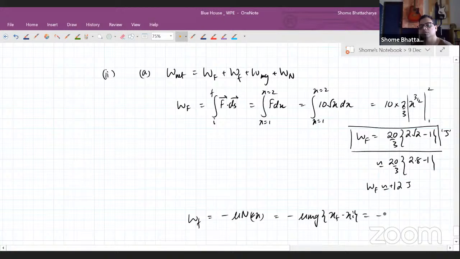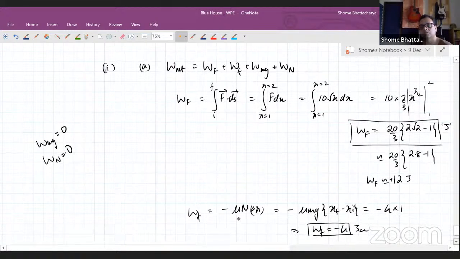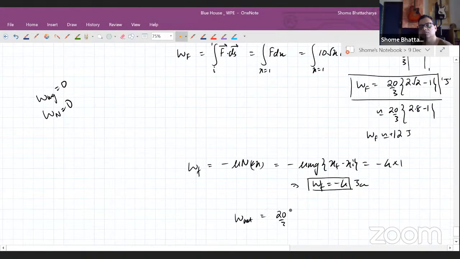So that will be minus 4 multiplied with 1. So work done by friction is minus 4 joules. Okay. And work done by weight and normal reaction will be 0. So net work done is approximately 8 joules.